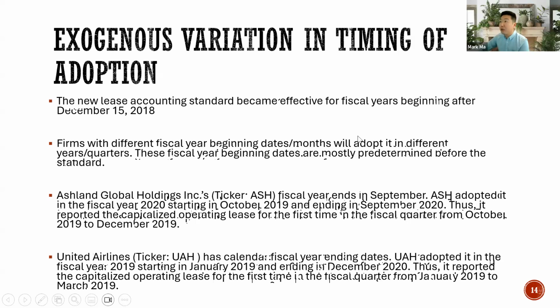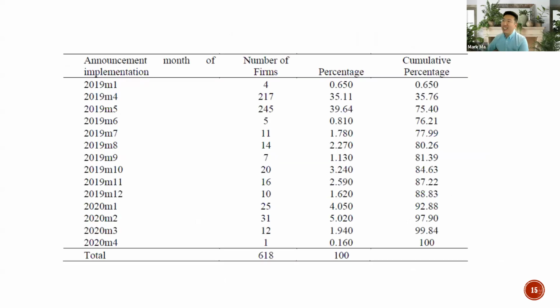I think that's probably because the bank rating data is not available for every firm, right? So that's probably why. Yes, that's the distribution of the adoption months. We do not have many calendar fiscal years, but there are a lot of variations across different months.